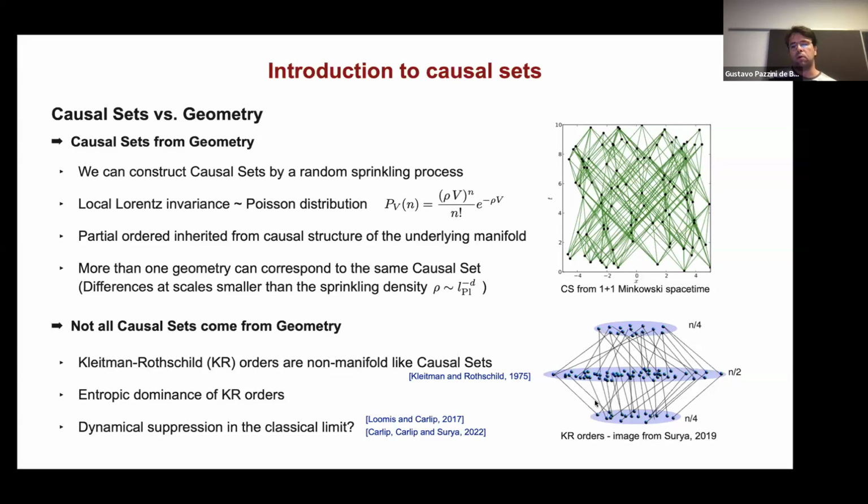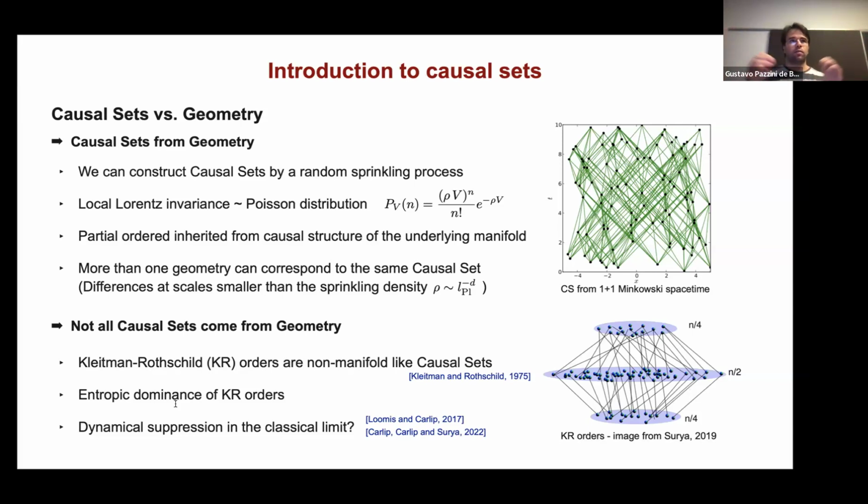Here there is an example of a 3-layer KR order. And one issue related to this class of non-geometric causal sets is that they essentially entropically dominate the set of possible causal sets.